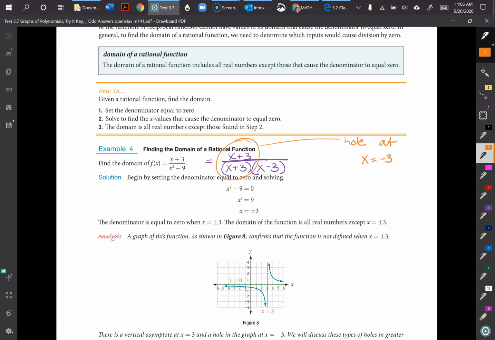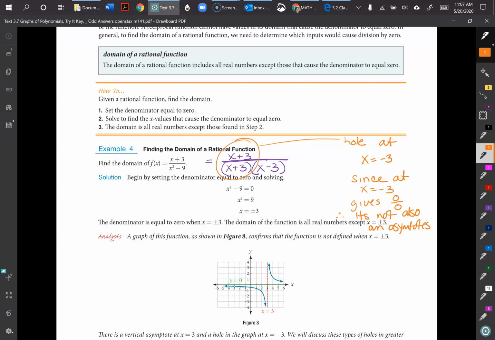So since x equals negative 3 gives 0 over 0, then therefore it's not also an asymptote. And I think that's what a lot of people do. They double it up, or they forget about the hole and just make it be an asymptote there, but it's not. It's going to be a hole.